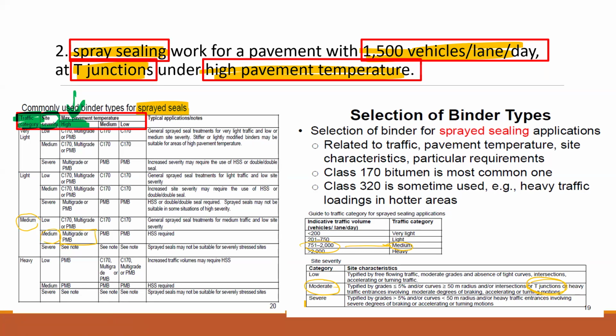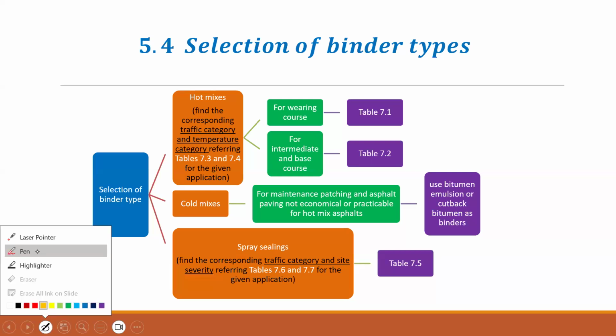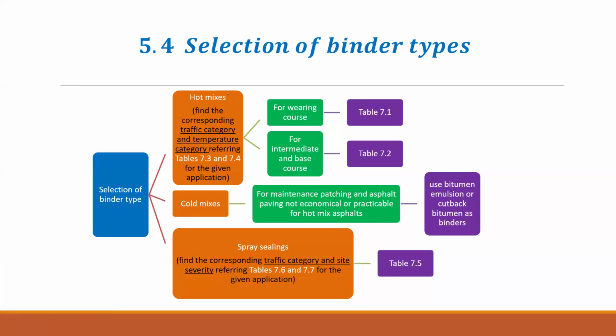Okay, so if we summarize what we have done here. If you are designing for a hot mix, if you are looking for a binder for hot mix, in your lecture notes, you refer to table 7.1 for wearing course and table 7.2 for intermediate or base course. So these table numbers are the same in the Austroads guide. If you look at the guide, it's in your Moodle, you can find it.